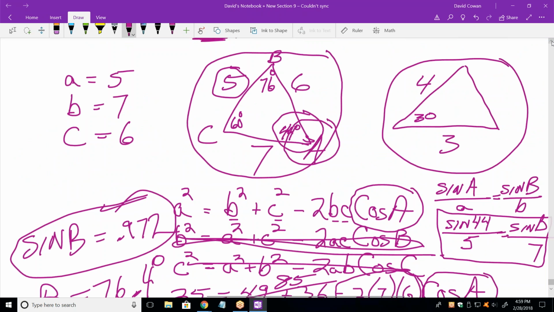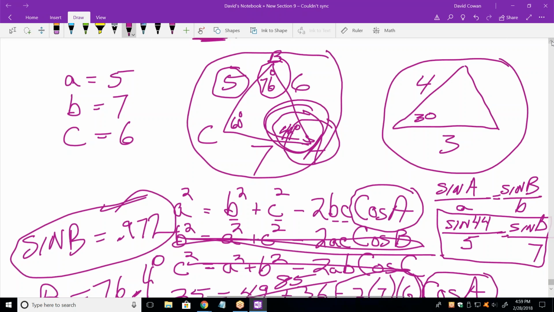In other words, whenever you have side, side, side, like we started out with here, your first step is to use the law of cosines. That gives you one angle. Once you have one angle, now you can use the law of sines to get a second angle.